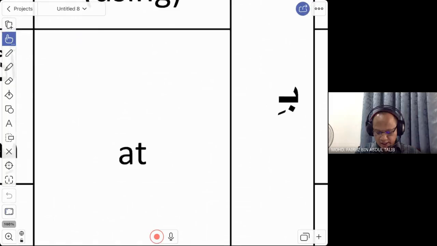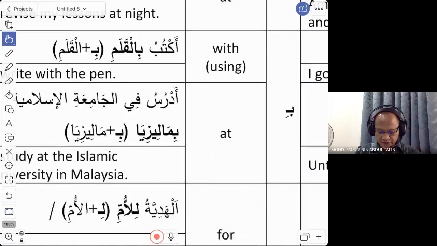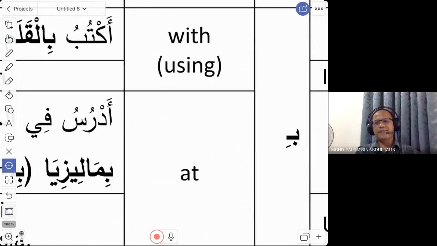Again, there are two meanings. The first meaning of the word B is with. But with here means using, not with my friend. If you want to say with my friend, with my family, with my brother, then we have to use another word, which is ma'a. But now, B here means that you are using it, then you say B.